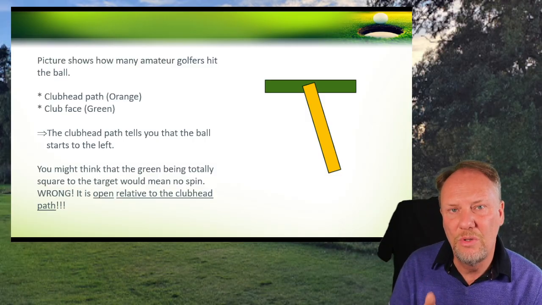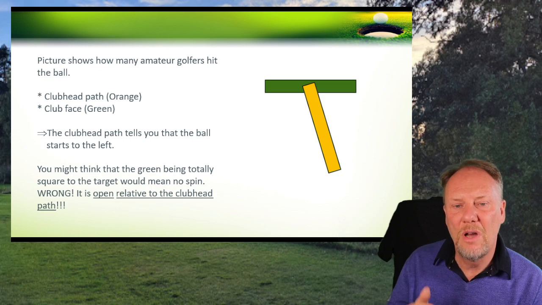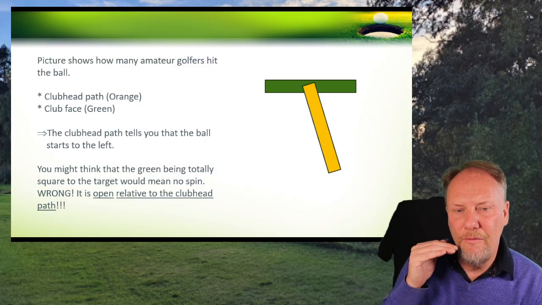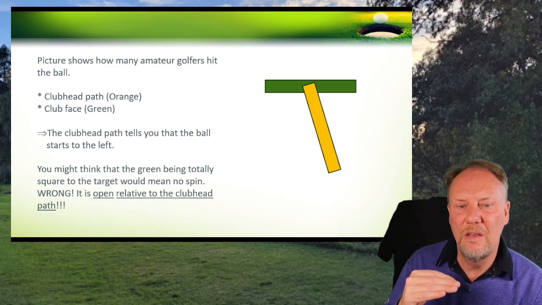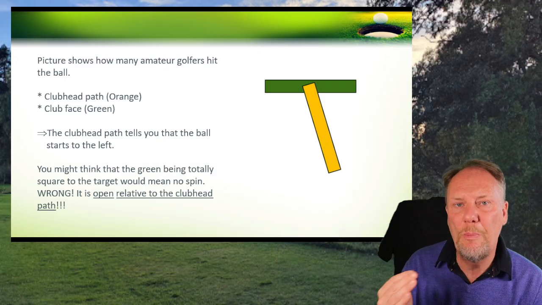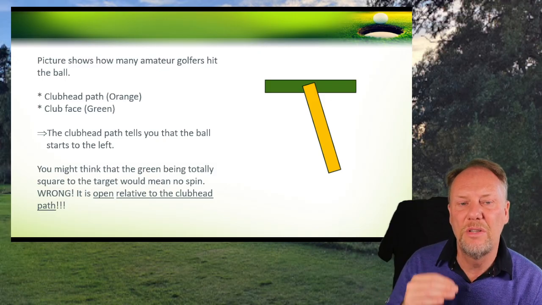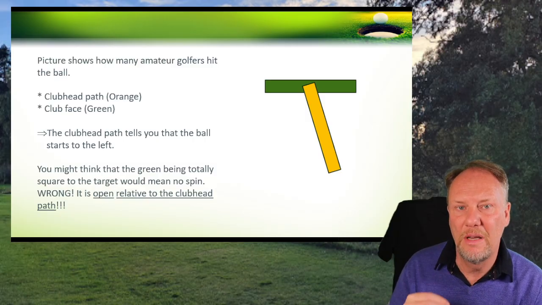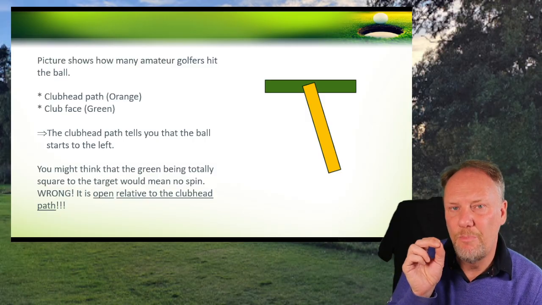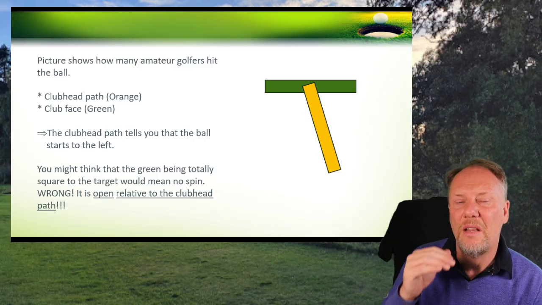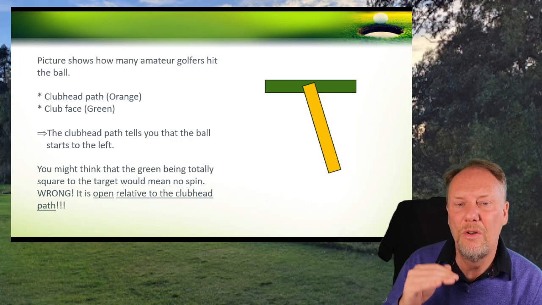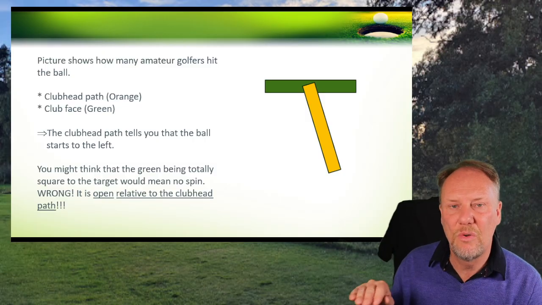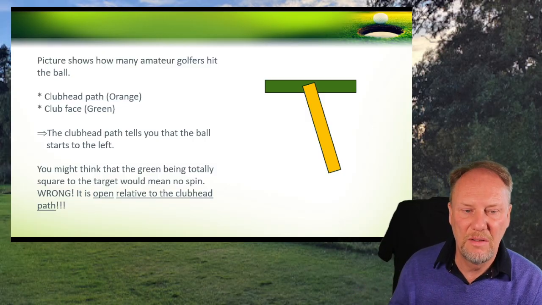But that could be totally wrong, because if you're coming inside out or outside in, and you're having the club face square, that actually means that you are having the club face open or closed in relation to the path of the club head. This is the pivotal thing to understand. The club face relative to the path of the club head, not relative to a square towards the target.